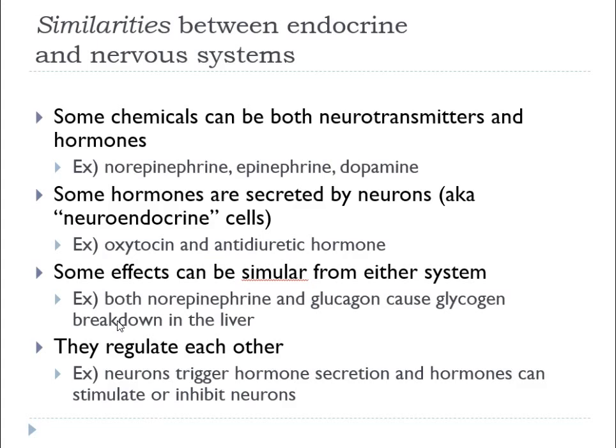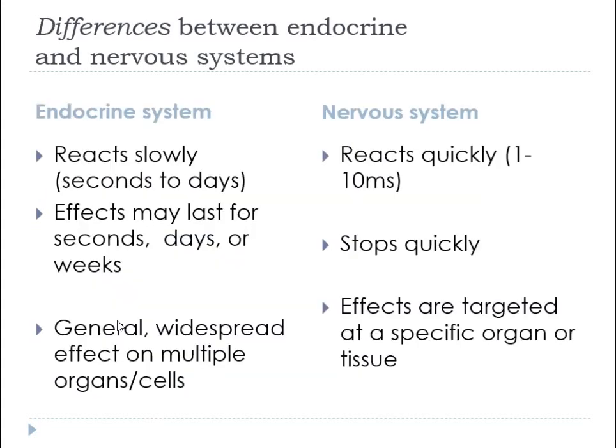Ones we're going to talk about soon are oxytocin and antidiuretic hormone, which controls water balance in your body. Some effects could be similar in either system. For instance, norepinephrine and glucagon both break down in the liver, and they also regulate different things in the body.